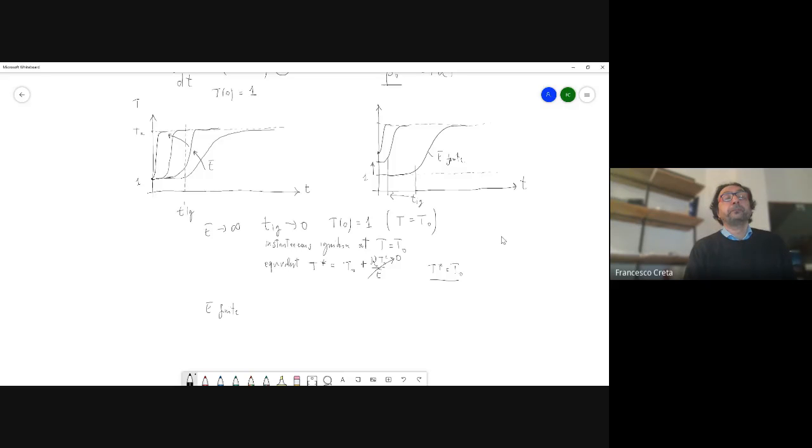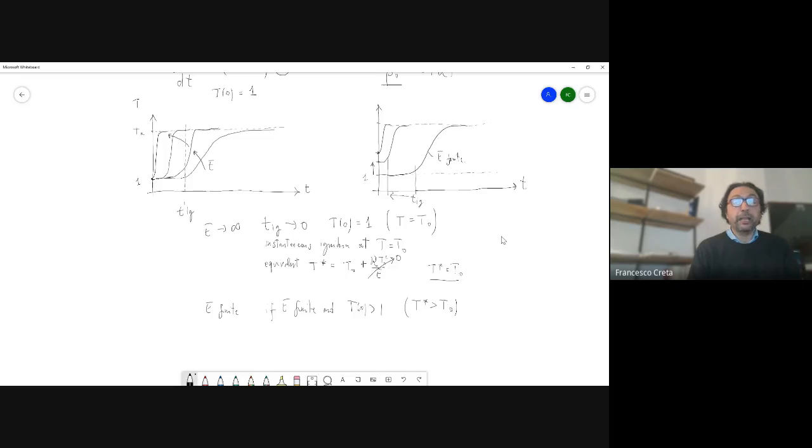So if E is finite and the initial temperature is bigger than 1, that means essentially the ignition temperature is bigger than T0.